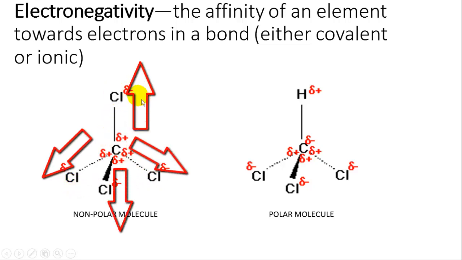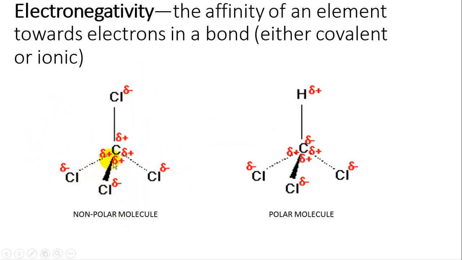The pull from this chlorine atom, that vector, cancels out the vector from these three Cl atoms that are pulling in the opposite way. So you have what's known as no net dipole moment. So this molecule is really neutral because the pull from the Cl upwards is canceled by the pull of these three Cl's downwards. And that's talking about this in terms of vectors.